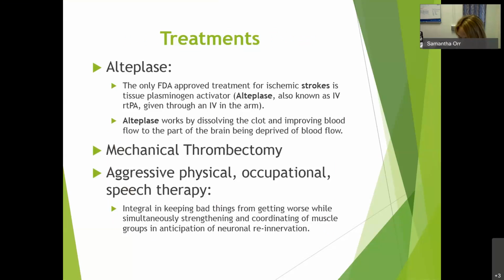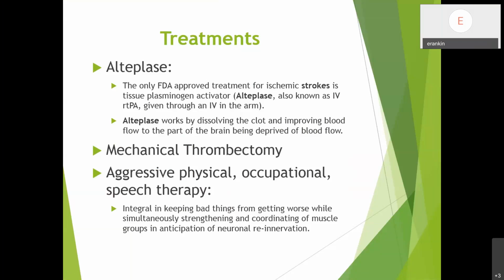Treatment. Treatment for stroke centers around both emergent care, such as TPA, our clot remover, and then rehabilitation. We're fortunate enough here at Halifax Health to have a stroke center of excellence. TPA is recombinant tissue plasminogen activator.